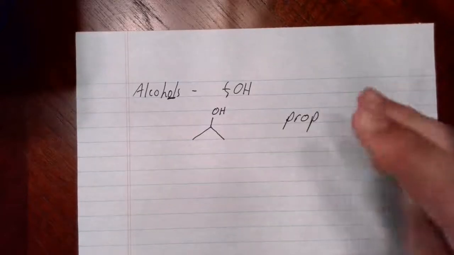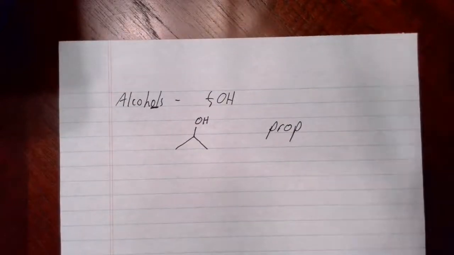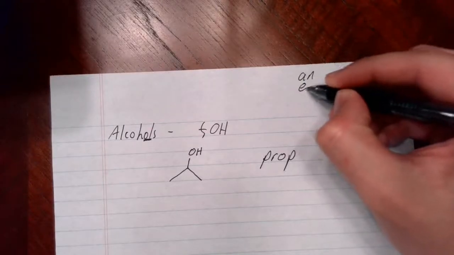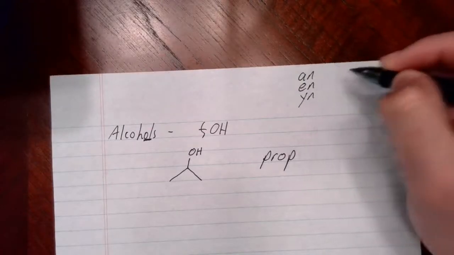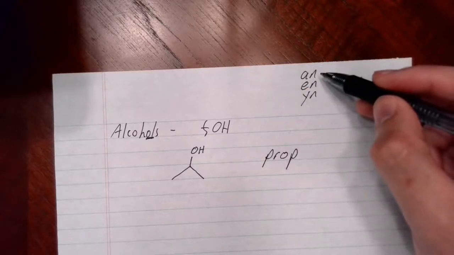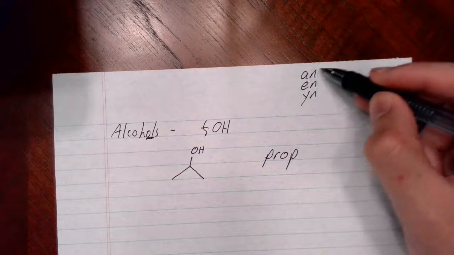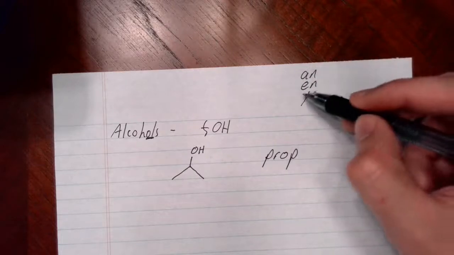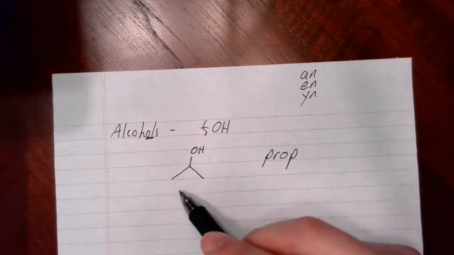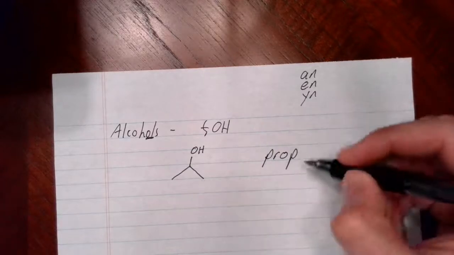So this is where the naming is a little bit different. We still have to include either the AN, the EN, or the YN ending, either the AN for only carbons and hydrogens with single bonds, EN for double bonds, YN for triple bonds. Okay, so there are only single bonds present here.